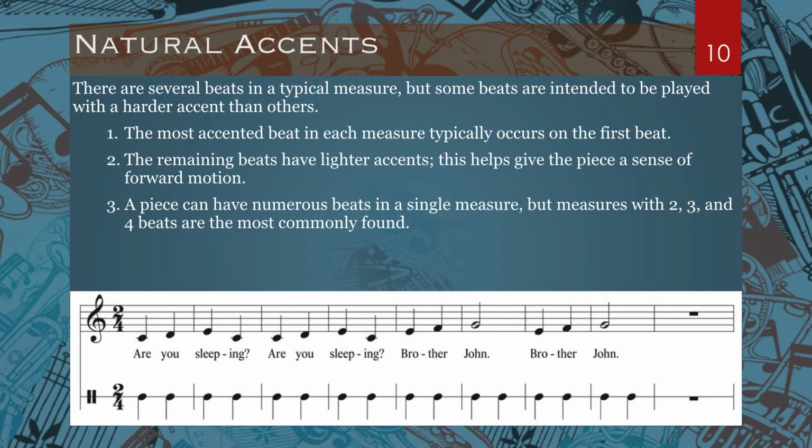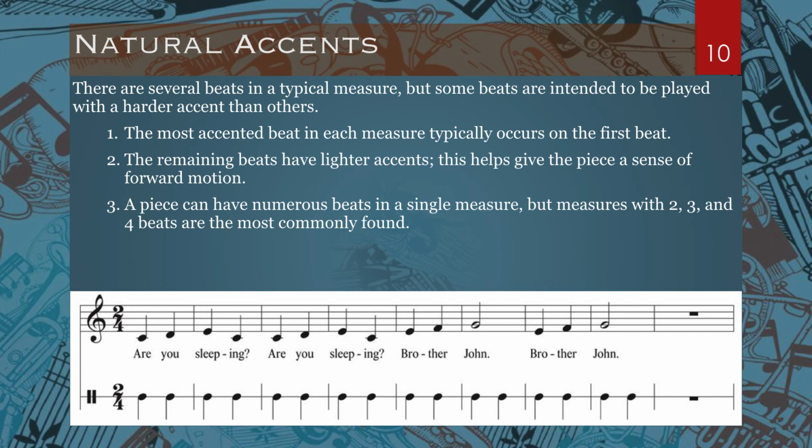The last thing we're going to talk about in this chapter are natural accents. So there are several beats in a typical measure, but some beats are intended to be played with a harder accent than others. The most accented beat in each measure typically occurs on the first beat. This is something I've talked about already, so you should understand this concept.